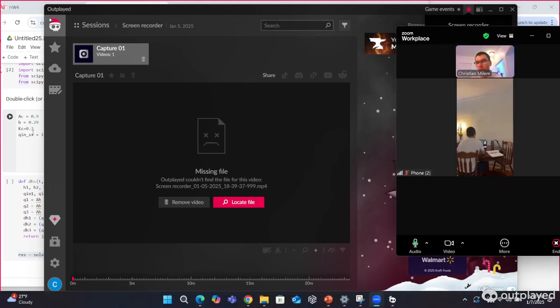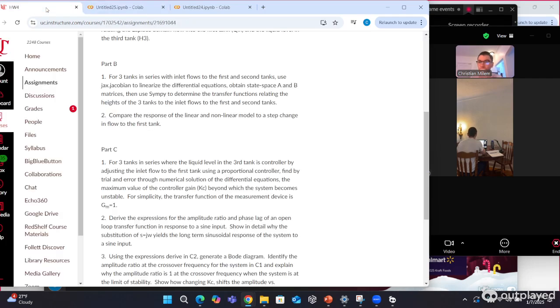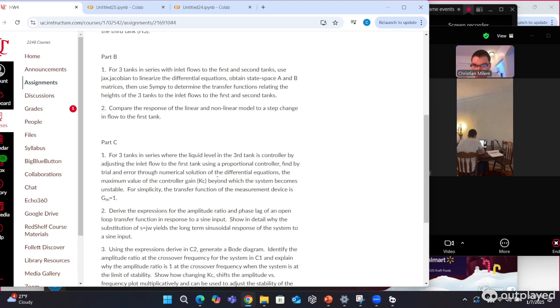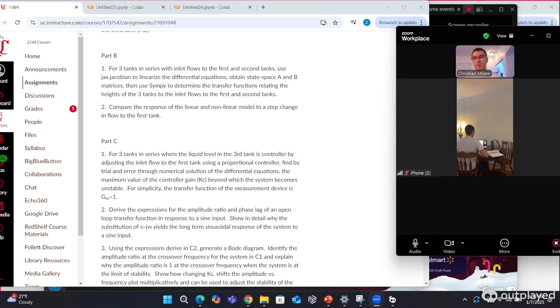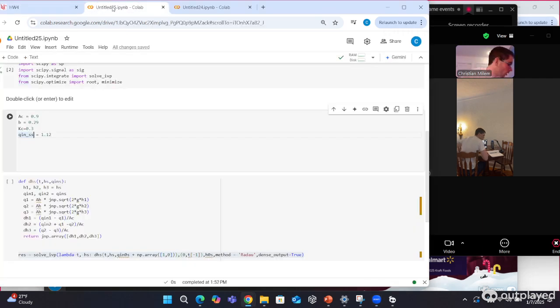All right, now to follow up on what we just did. Find through trial and error numerical solution of the differential equation the maximum value of the controller gain at which the system becomes unstable. So we're going to have to do that through code.